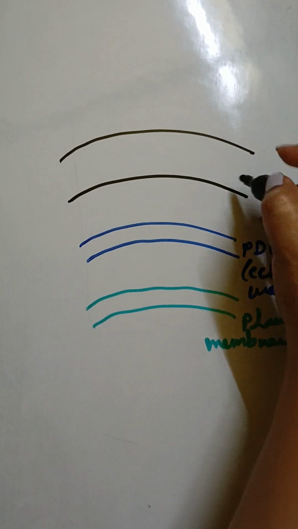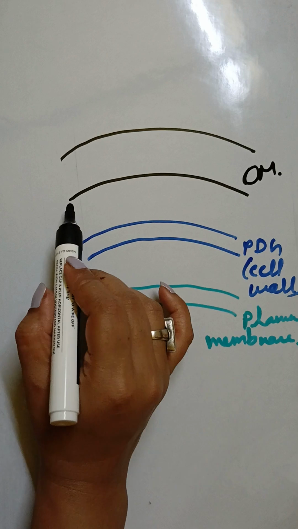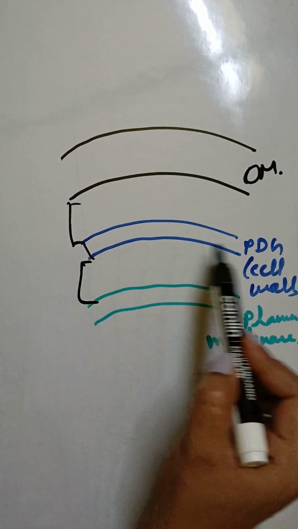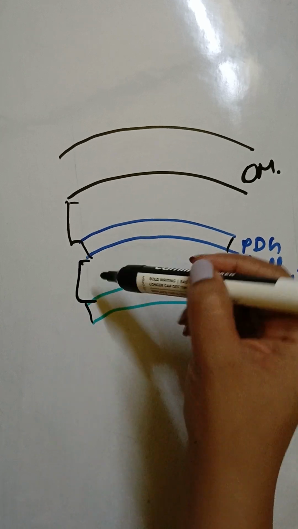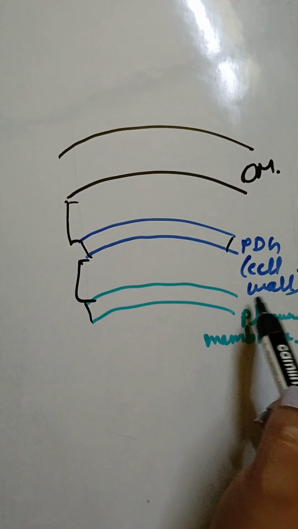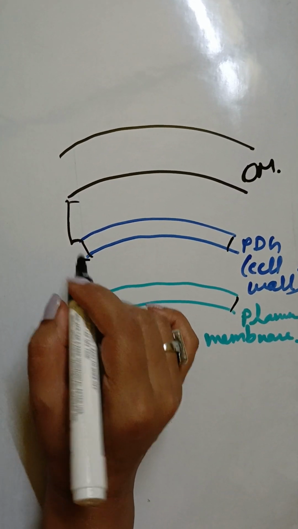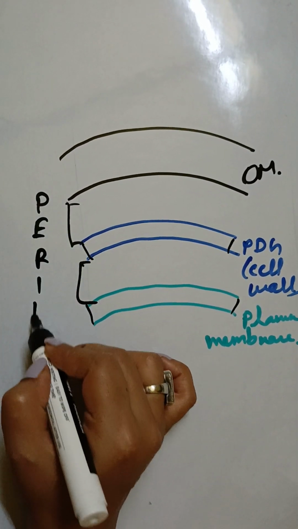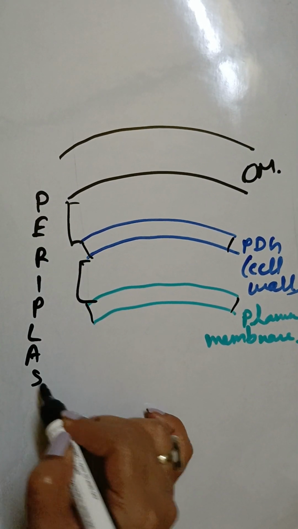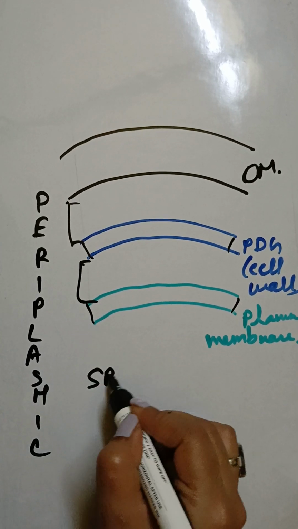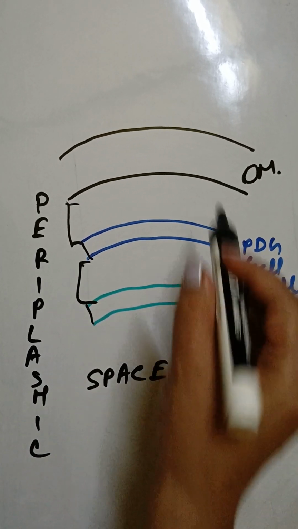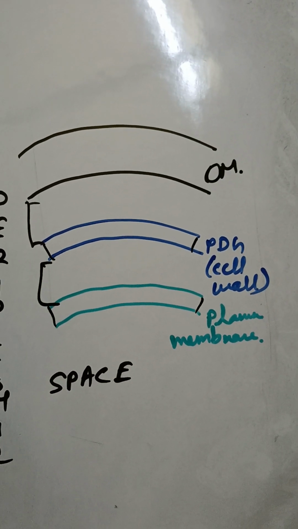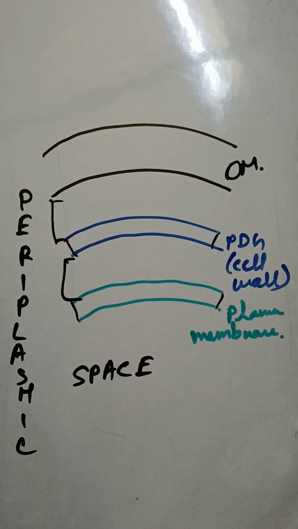And this one is the outer membrane. The spaces between the outer membrane and the PDG, and between the PDG layer and the plasma membrane, are known as periplasmic space. So this is the usual structure of a gram-negative bacteria cell envelope.